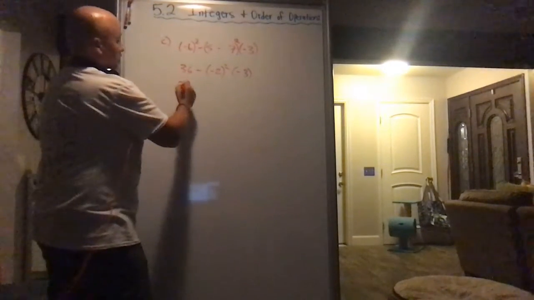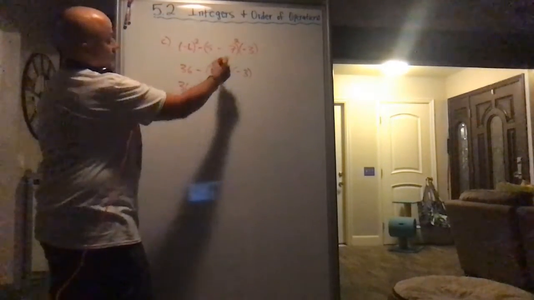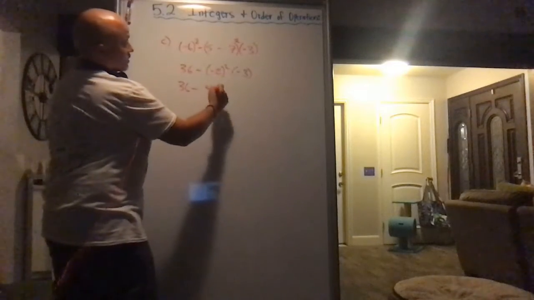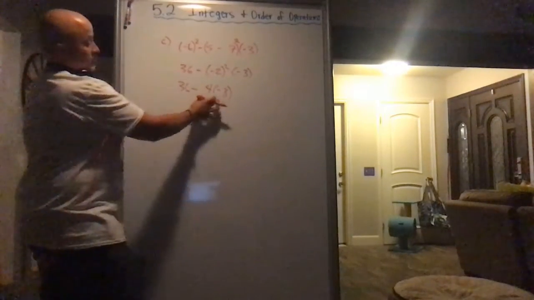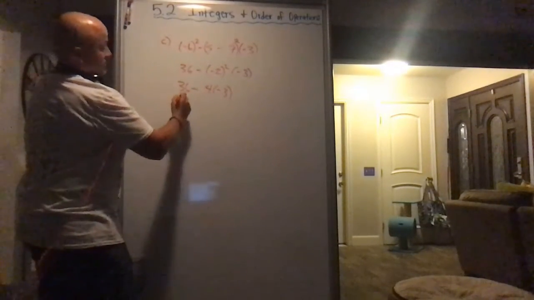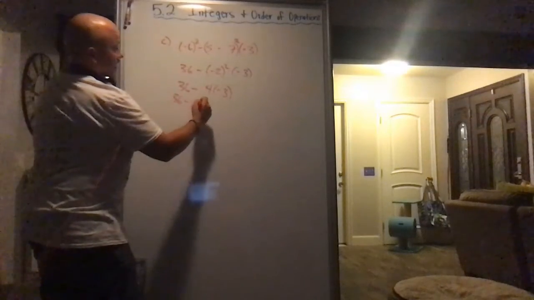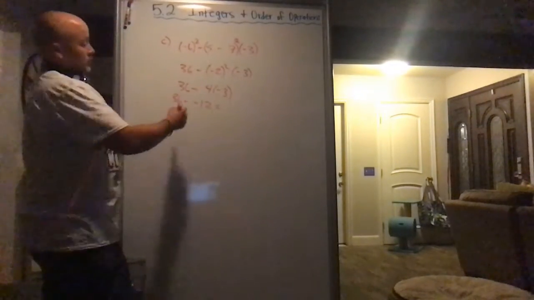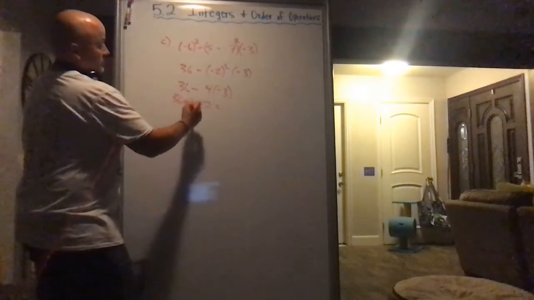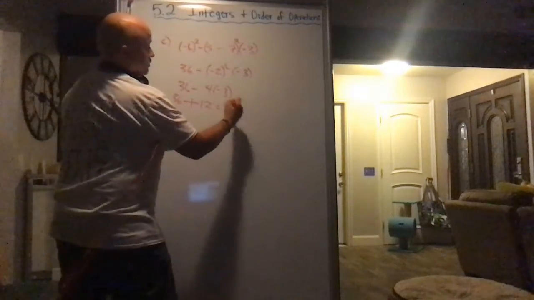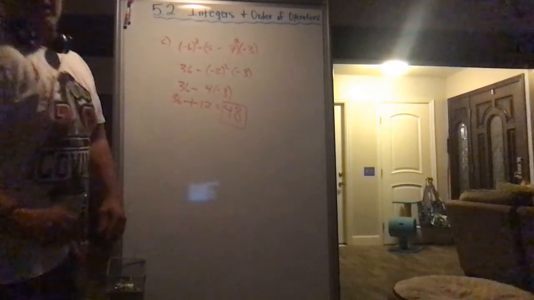So 36 minus, negative 2 times negative 2 is positive 4, and I'm going to multiply before I subtract. 4 times negative 3 is negative 12. 36 minus negative 12 is 36 plus 12, so 48 is my answer there.